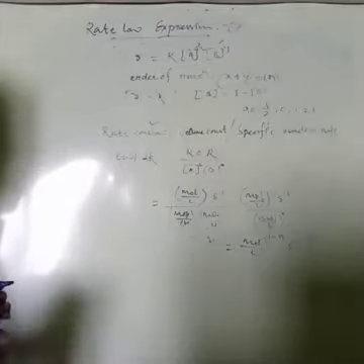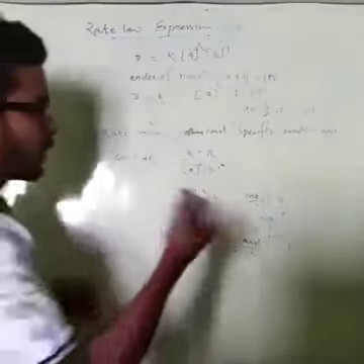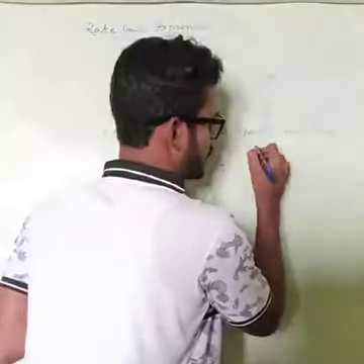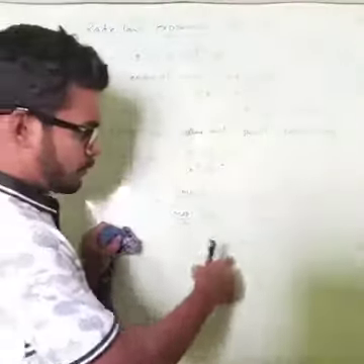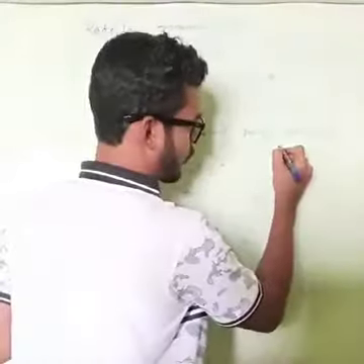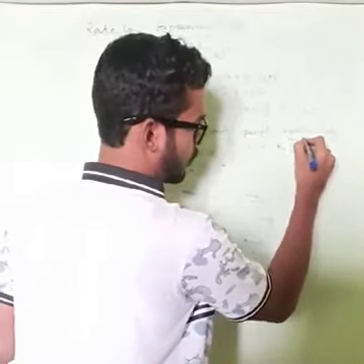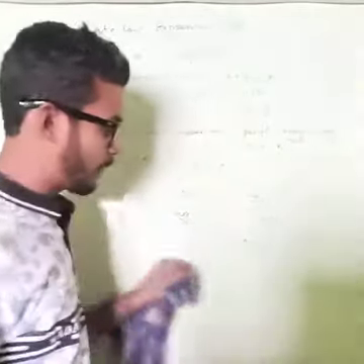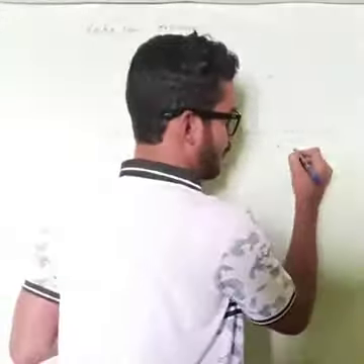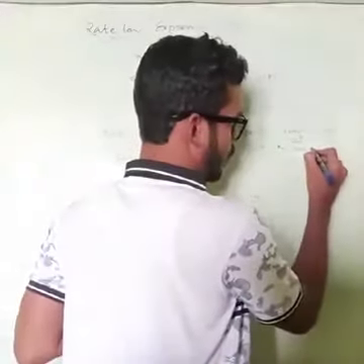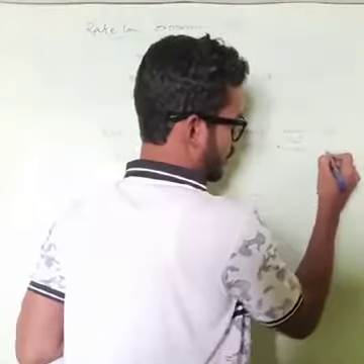Okay, let's do some problems depending on this. You can note, if n is 0, what is the unit of k? If n is 0, the unit of k is mole per liter per second, that is mole litre inverse second inverse.